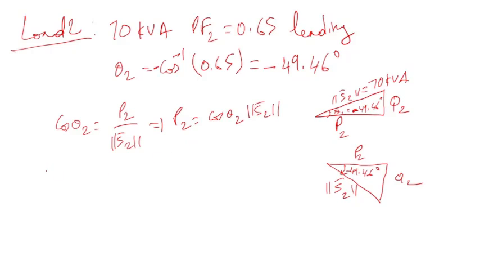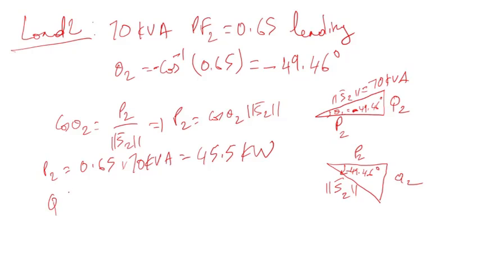Cosine theta 2 is the power factor, so 0.65 times 70 kVA, which gives me 45.5 kilowatt.